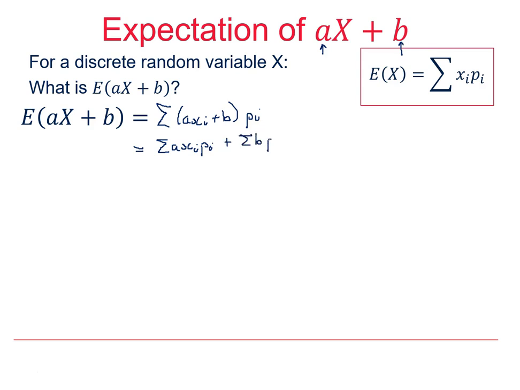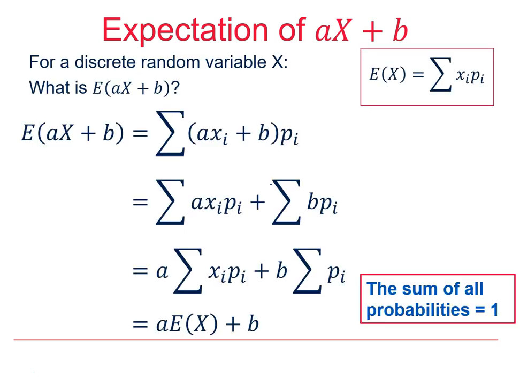So we can write it like this, and because a and b are constants, they can come out of the summation because they multiply every term in it. You should recognize this expression, and you should be able to think what sigma pi, the sum of all the probabilities, will give us.